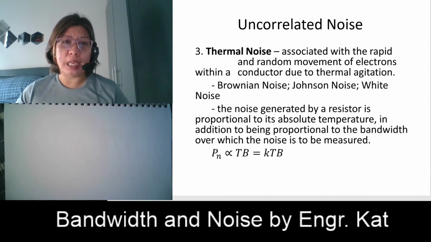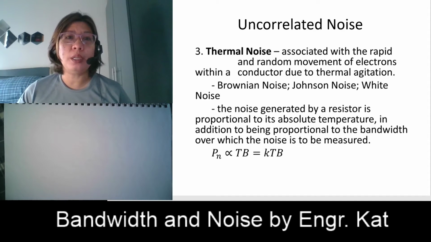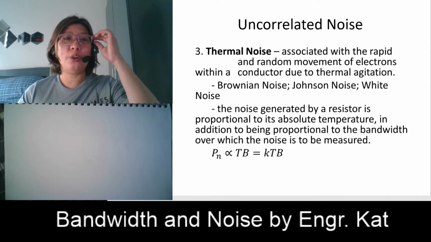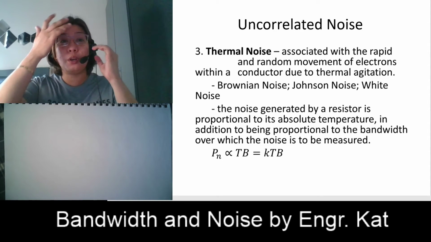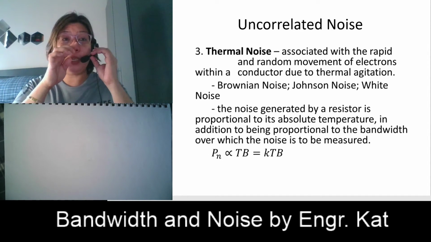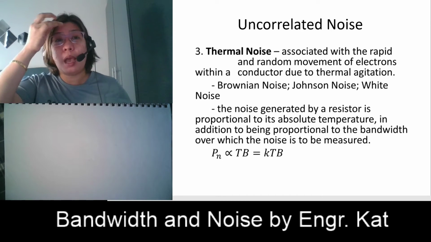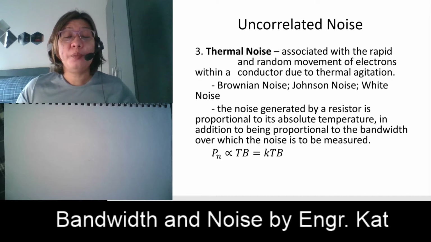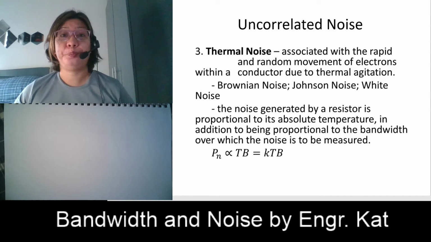Other names for thermal noise are Brownian noise, Johnson noise, or white noise. There is also a topic called colors of noise, so if you have time, you can search on that topic. This is white noise, and there are different colors of noise.